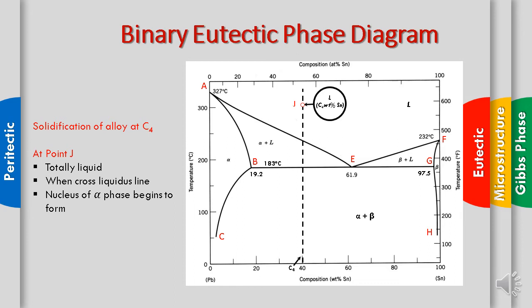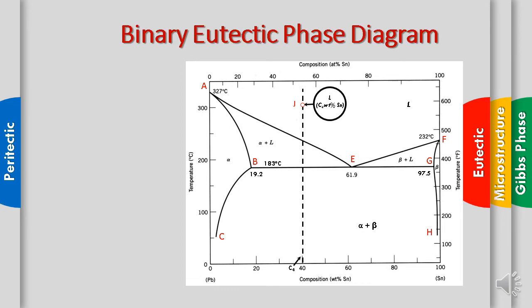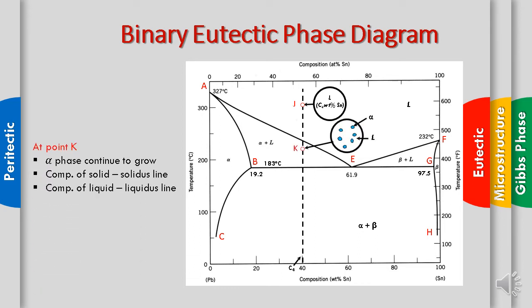When it hits the liquidus line here, nuclei of alpha phase begin to form. Then it will cross to the point K, where the alpha phase continues to grow, getting much bigger, and the alpha composition and liquid composition take place there.